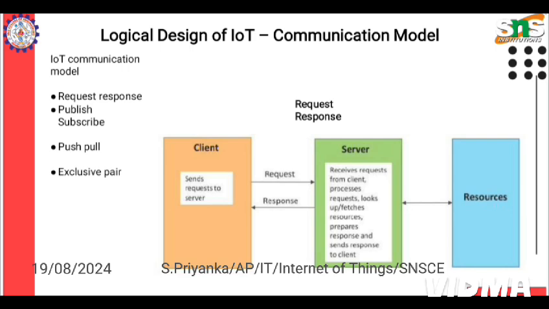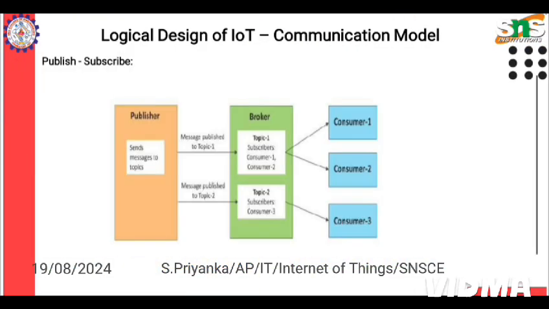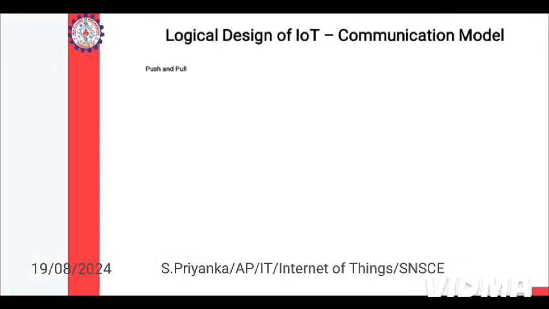The publisher is the source of data, and it sends the data to topics which are managed by the broker, whereas the publishers are not aware of the consumers. Here the consumers subscribe to the topics which are managed by the broker. This is all about the publish subscribe.